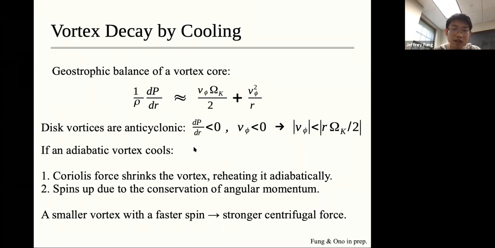Once you cool it down, the Coriolis force is going to shrink the vortex. But once that happens, due to conservation of angular momentum, the vortex has to spin up. So cooling leads to a smaller vortex with a faster spin, and that leads to the centrifugal force starting to overtake the Coriolis force. Eventually, at some point, it's going to disperse the vortex.